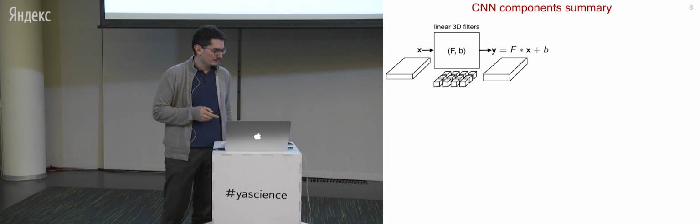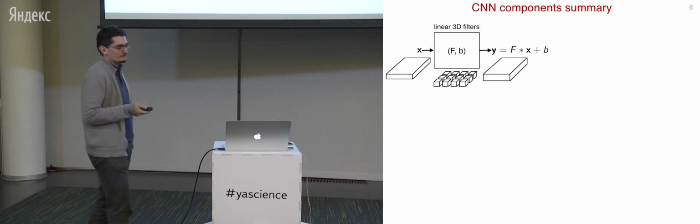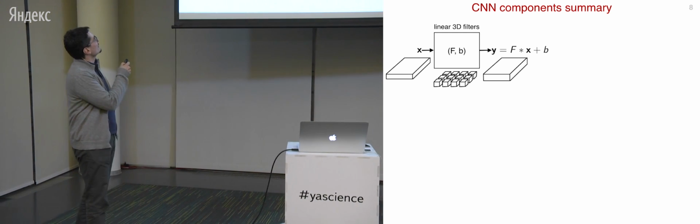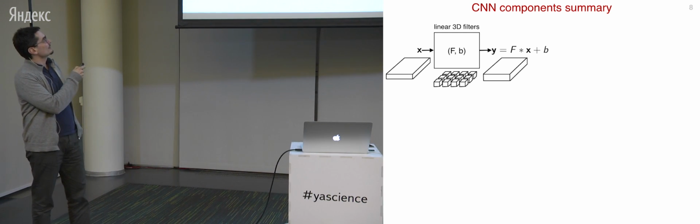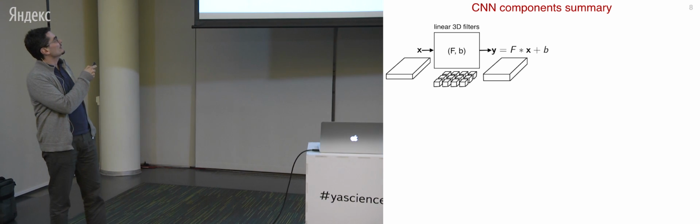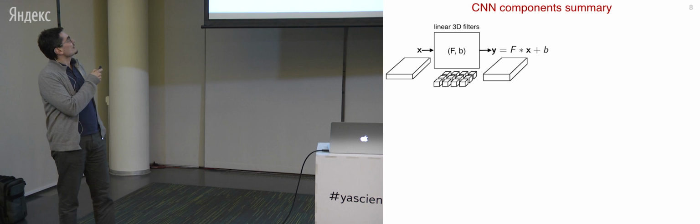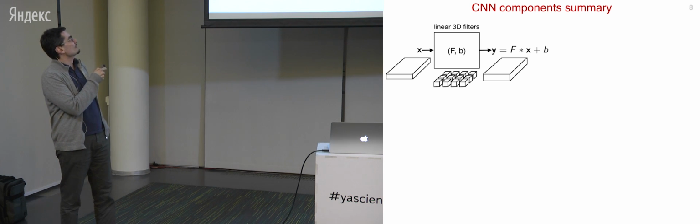Well, the most simple one, but probably the main one, in fact, is just a bank of linear filters. So here, this little box, 3-dimensional volume, denotes an input image, or later in the chain, some intermediate feature. This has a width and a height, and has a depth. So in the case of RGB images, this would be 3, and this could be, say, 640 by 480.